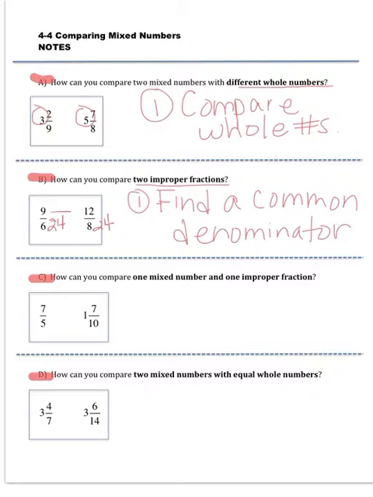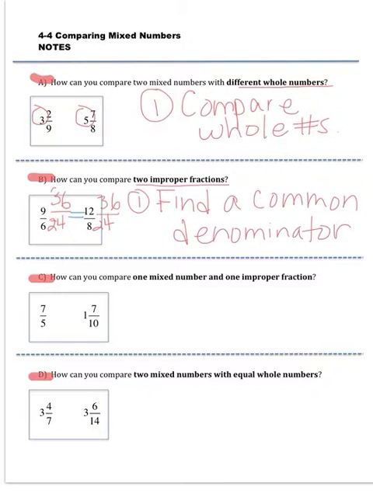When I make my equivalent fractions, I see that 6 times 4 is 24, so 9 times 4 is 36. 8 times 3 is 24, so 12 times 3 is 36. And I discover that these two improper fractions are equal to each other, 36/24 and 36/24.